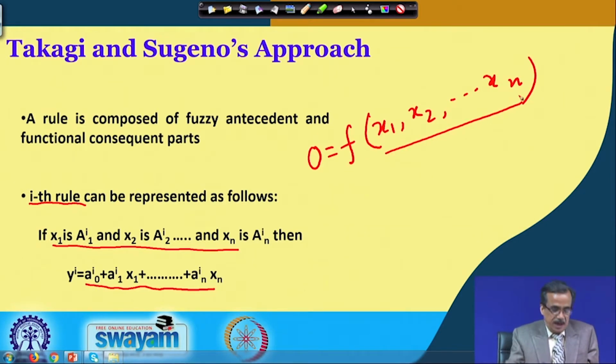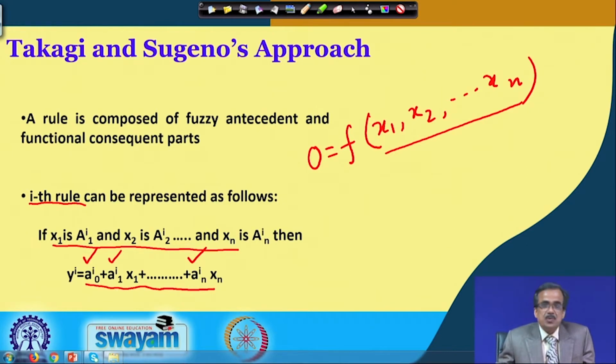parameters. Now, if you see, we have got a few coefficients, for example a naught i, then comes a 1 i, a n i, these are all coefficients. Now, these coefficients are to be predetermined. How to determine that?